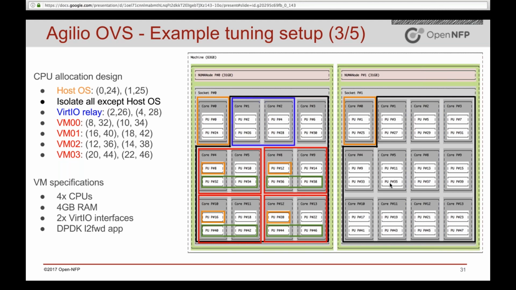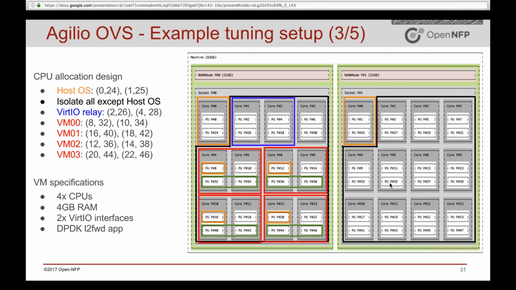Now you'll notice on the image that 1 and 25 are part of the odd numbered CPUs, and they're actually allocated on the right-hand side. So for some of the operating system tasks that are not critical to the performance of the test, that can run on the other NUMA node that's not being used for the fast data plane.